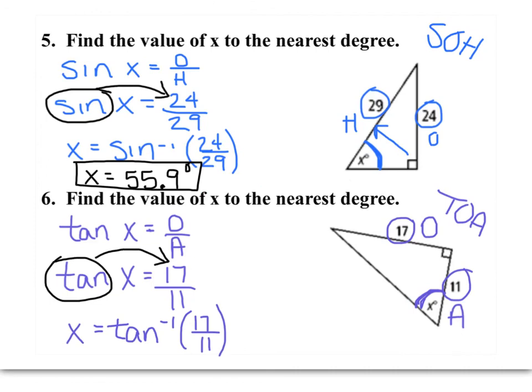Now, I need to calculate this value in the calculator, so I am going to do inverse tangent, or second tangent, of 17 divided by 11. Now, when I calculate this in my calculator, I ended up with an answer of x is equal to 57.1 degrees when I rounded my answer.